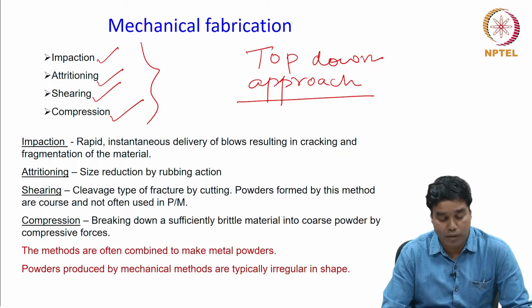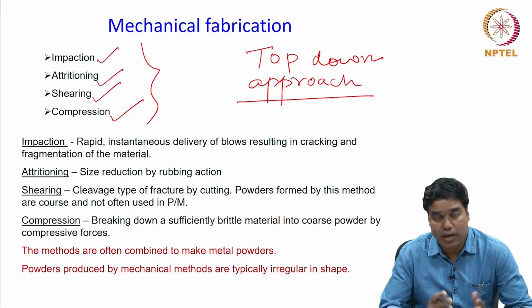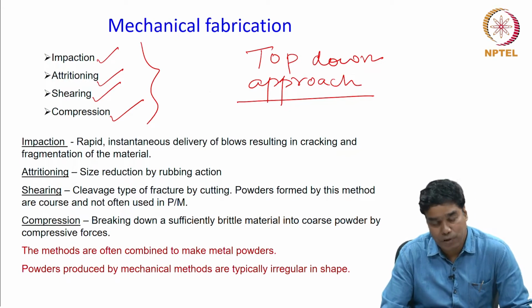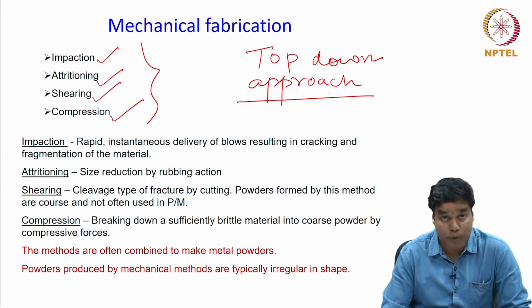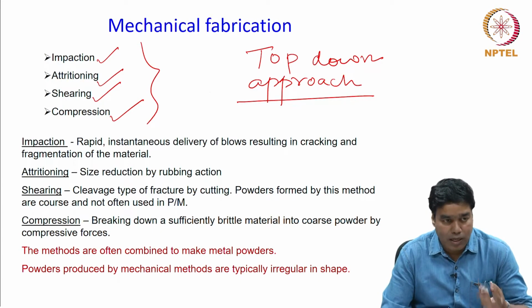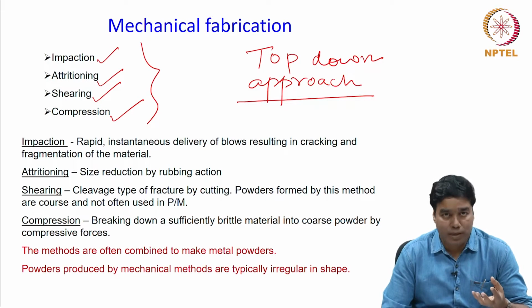The powder which is made by shearing, since it is like a cutting kind of mechanism, is quite coarse, and that is why it may not be very useful in powder metallurgy processing, because what you need is what we call good packing characteristics, so that the powder particles can pack together and give you a compact which can be easily shaped and processed.